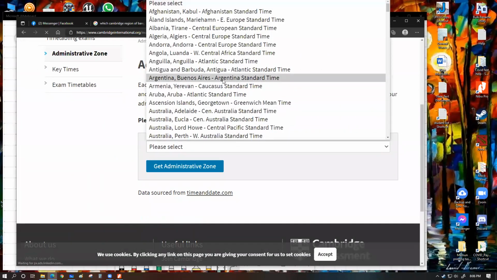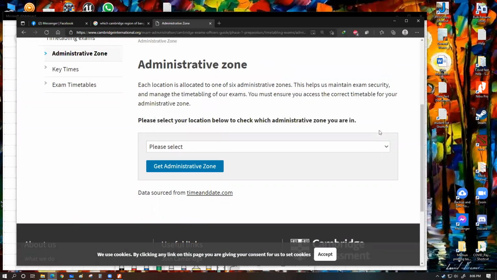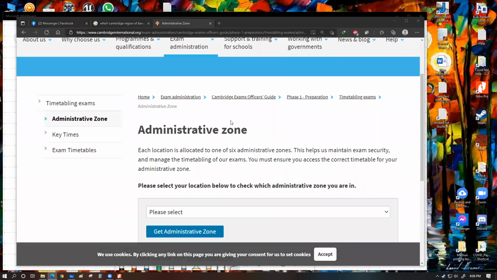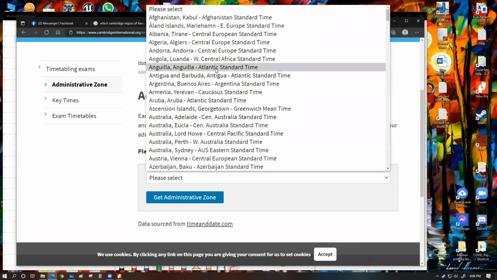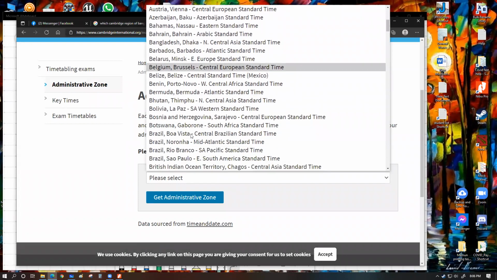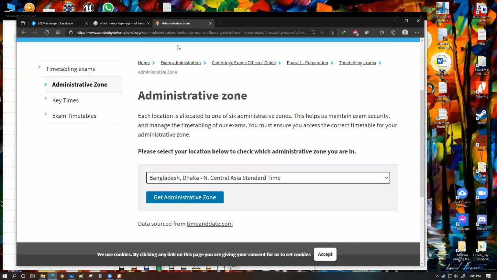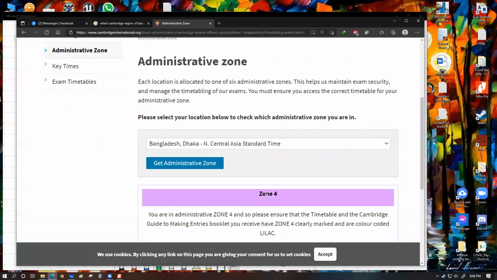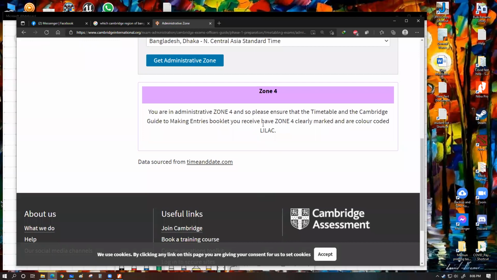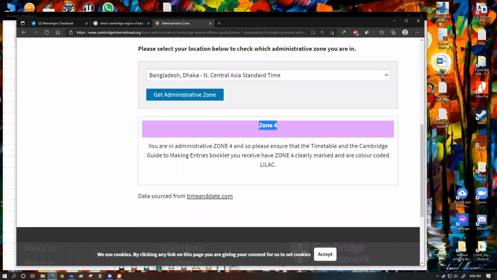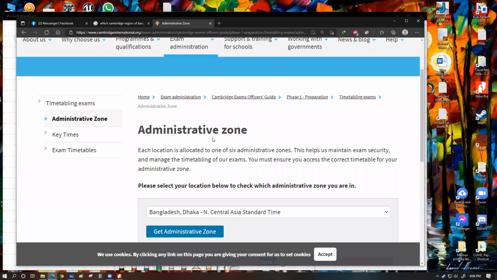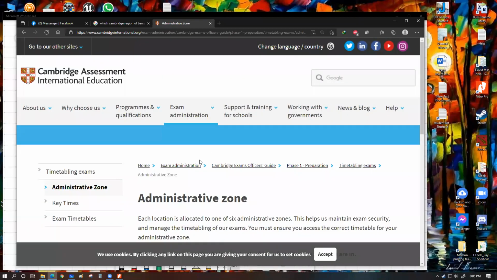So here is the thing. This is the CA website. You can go from here, and where is B, Bangladesh, Afghanistan, Australia, it's Bangladesh, Dhaka. So yeah, we are in the administrative zone of zone 4. Okay, so zone 4, this is our administrative zone, and zone 4 usually goes for paper 2 as far as I remember.